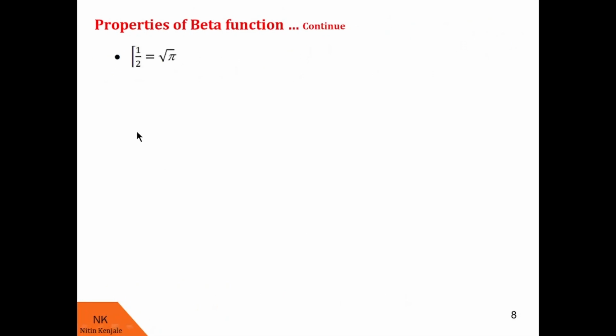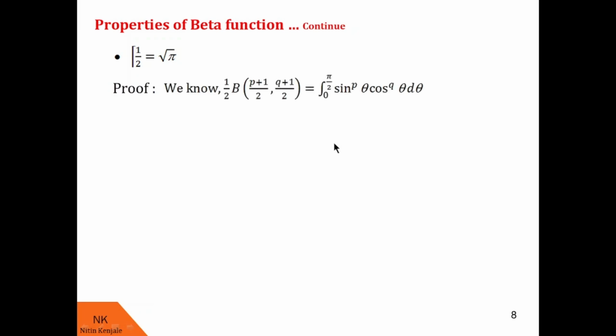Next we will see value of gamma of half can be given by root of pi. To prove this statement, we will make use of the previous property which states that value of the integral sine raised to p theta into cos raised to q theta d theta over the limit 0 to pi by 2 is given by half beta p plus 1 by 2 comma q plus 1 by 2.